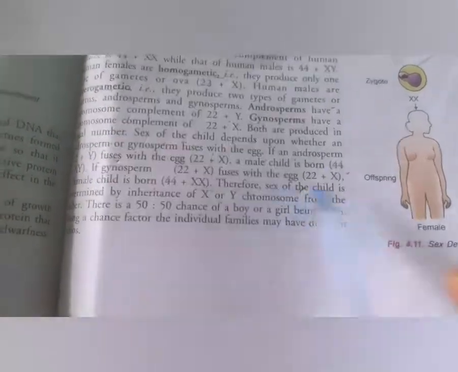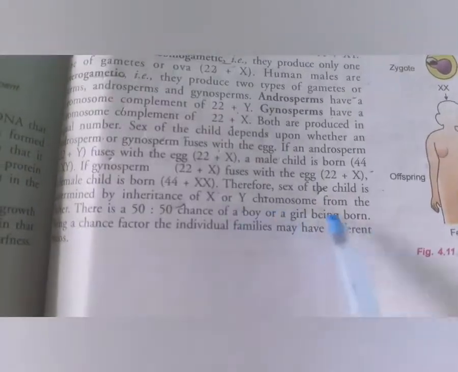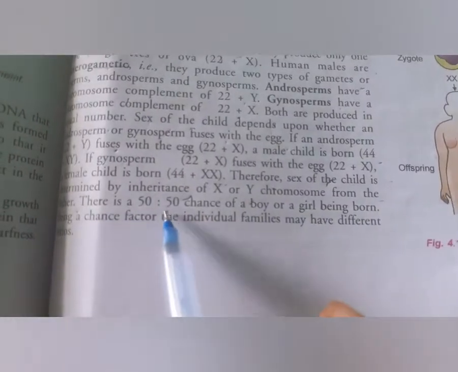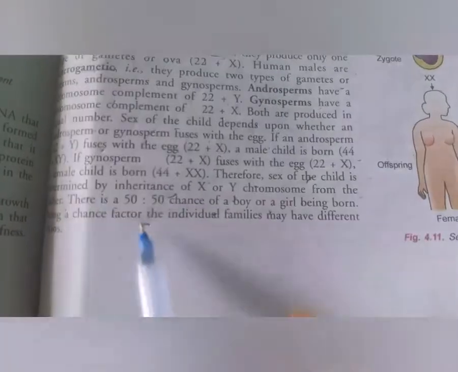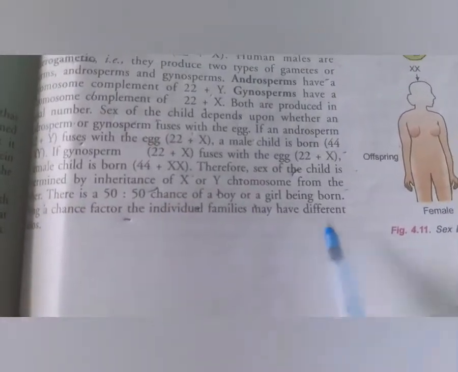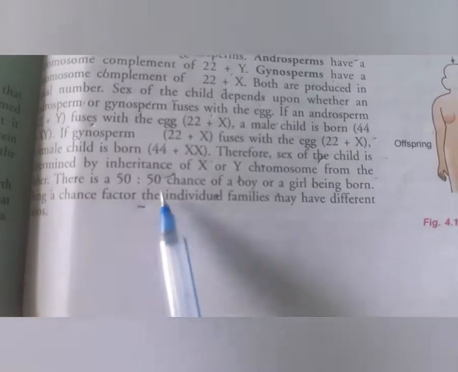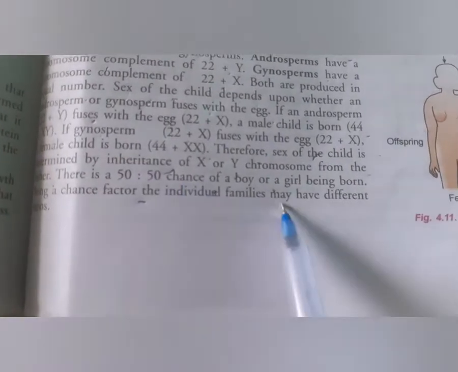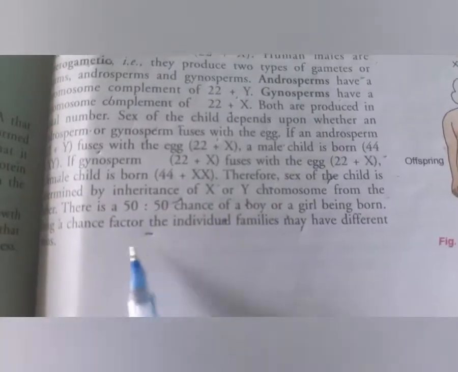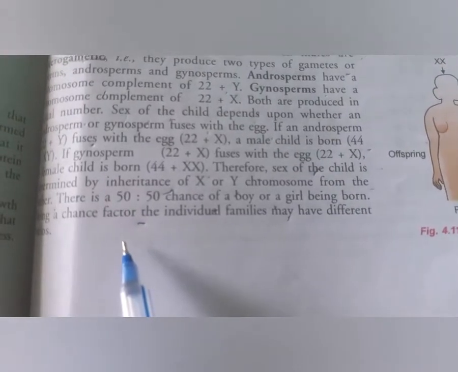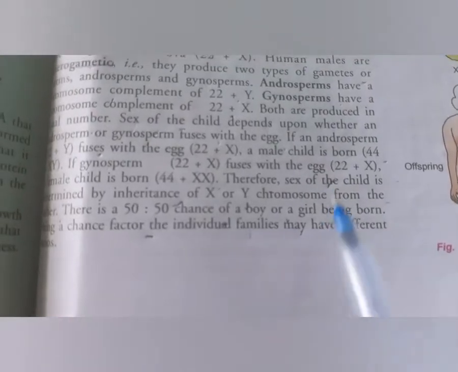Therefore, the sex of a child is determined by the inheritance of X or Y chromosome from the father. There is a 50-50 chance of a boy or a girl being born. Being a chance factor, an individual family may have different ratios. Okay, so mostly there are 50-50 chances of male and female children in any family. There are rare cases in which, due to the chance factor, an individual family has different ratios.